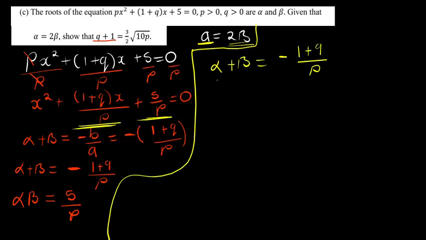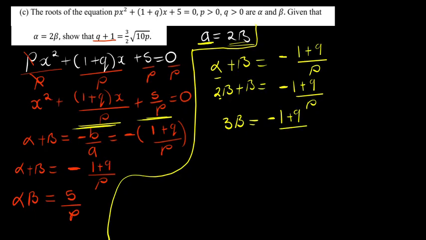So where there is alpha, I will place 2 beta. So it will be 2 beta plus beta equal to negative (1 + q) over p. So 2 beta plus beta is 3 beta, equal to negative (1 + q) over p. I'll take this as my first equation.